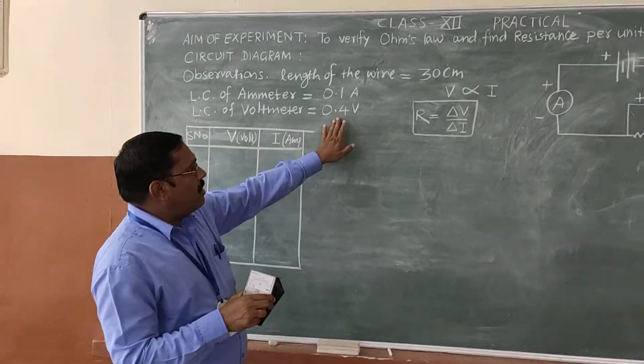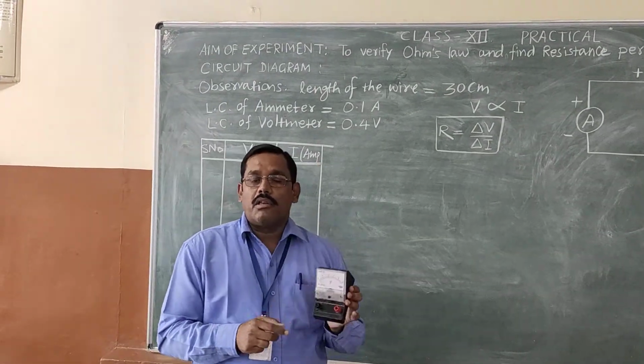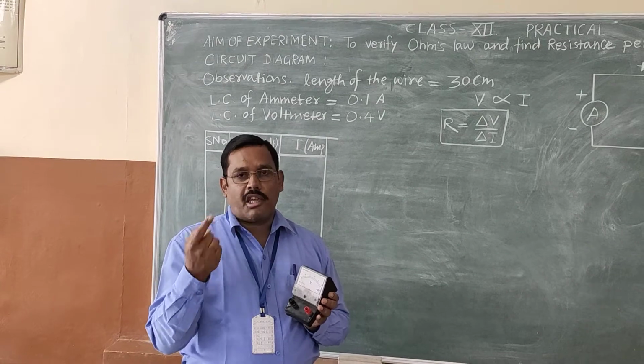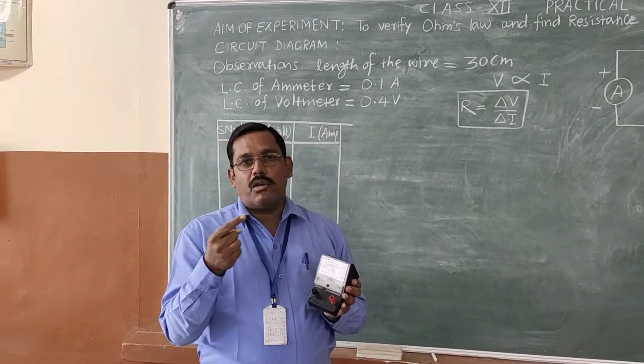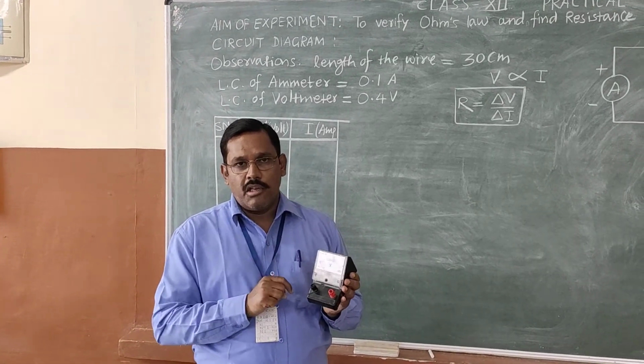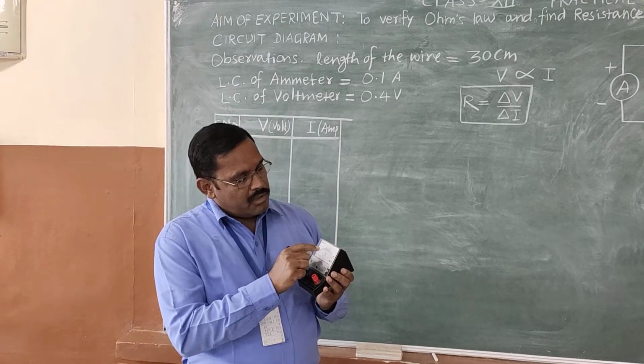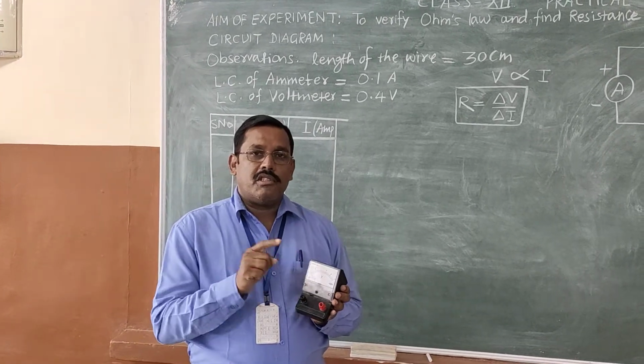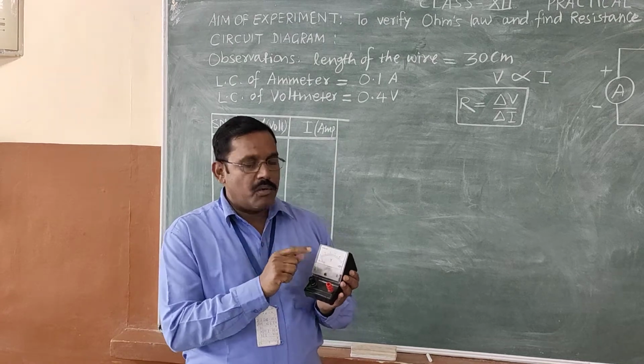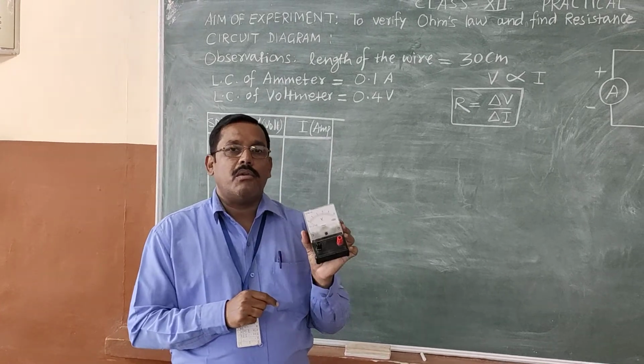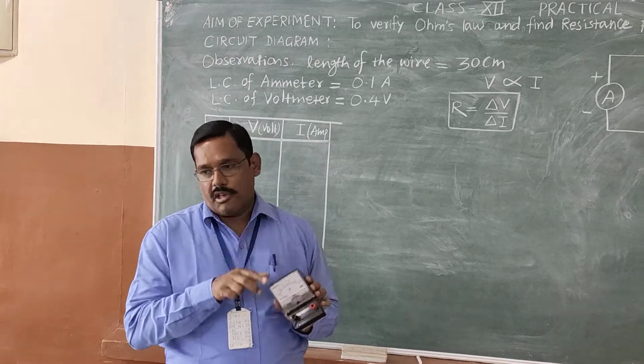If the pointer is on the second line, the reading will be 2 into 0.4, means 0.8 volt. If the pointer is on the sixth line, the reading will be 6 into 0.4, so it will be 2.4 volt. In this way we note down the reading of the voltmeter.